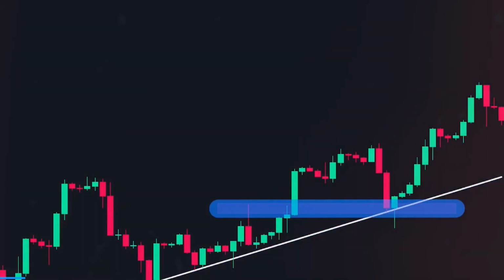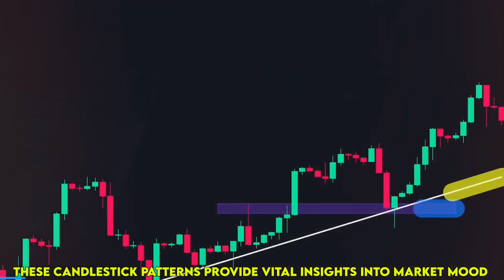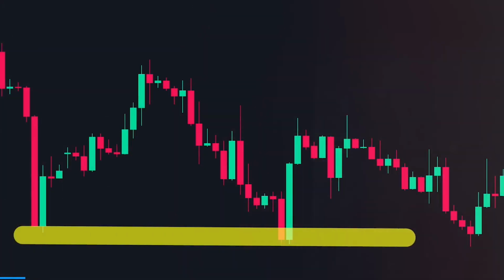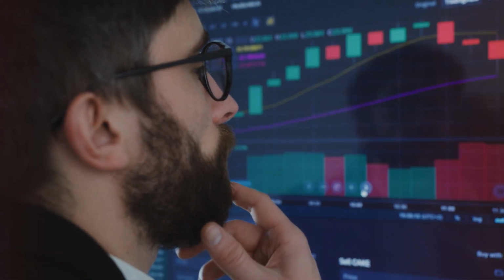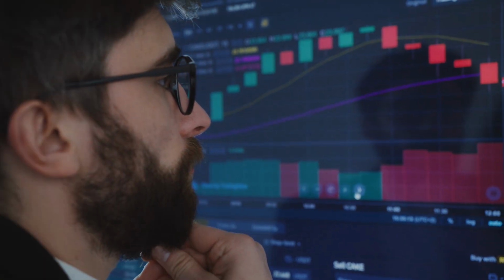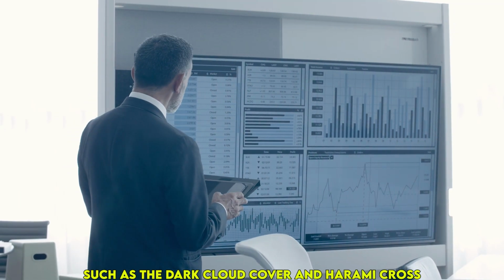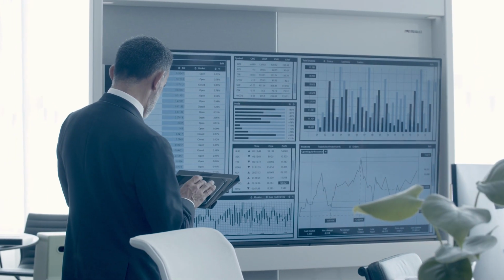4. These candlestick patterns provide vital insights into market mood and prospective price movements, making them effective tools for traders looking for high-probability trading opportunities. While certain patterns, such as the three white soldiers, are well known and commonly recognized, others, such as the dark cloud cover and Harami cross, can give distinct indications that less experienced traders may miss.